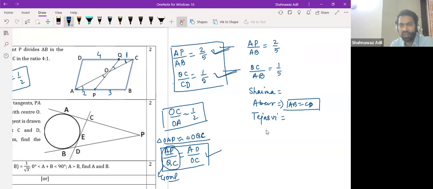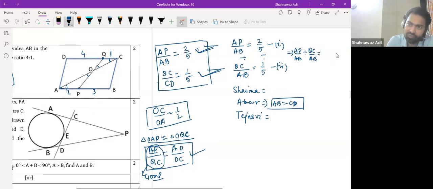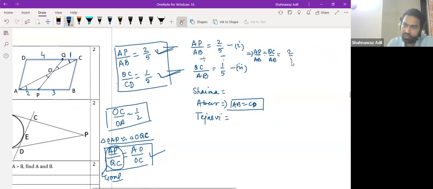Then if I have to find AP by QC, I divide these two equations. So AP by AB divided by QC by AB equals 2 by 5 divided by 1 by 5.